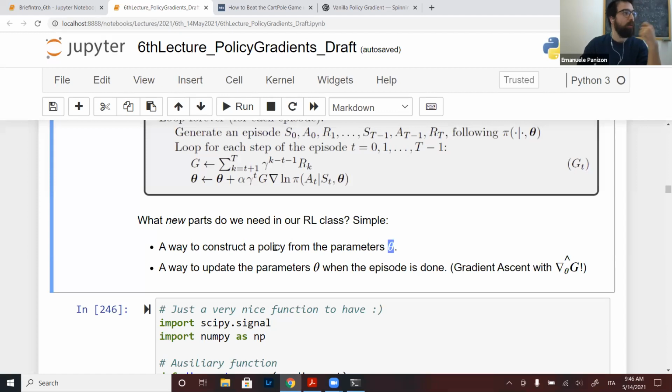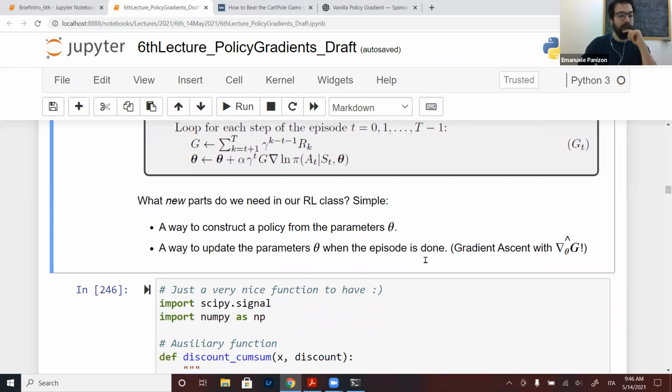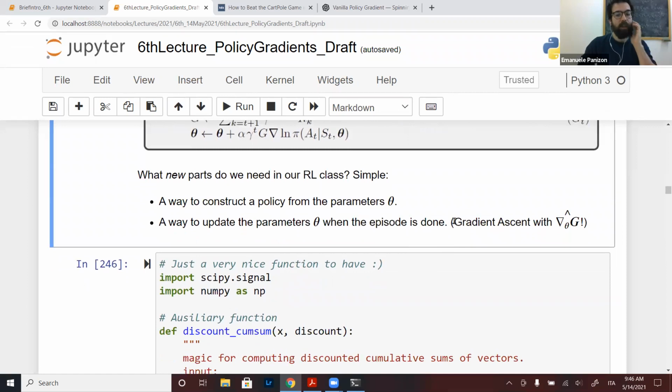We have a way to call this policy from the theta and give us a random action and also the policy at the state. And then we need this way which comes from the policy gradient theorem to update the parameters every time the episode is done. Okay, so we need this to do one move with gradient ascent with this gradient.